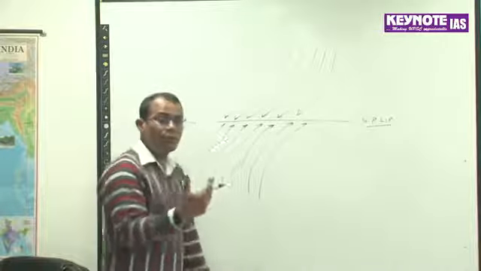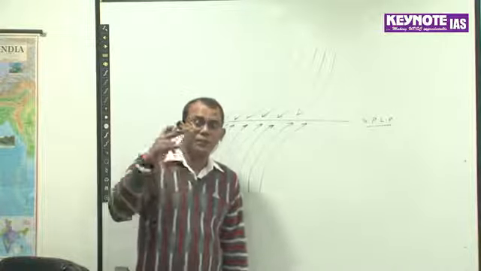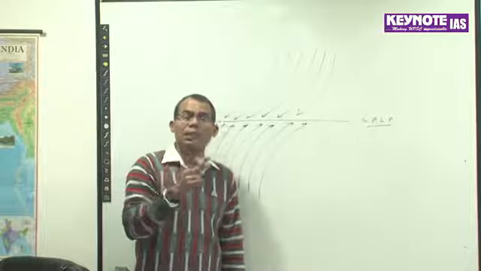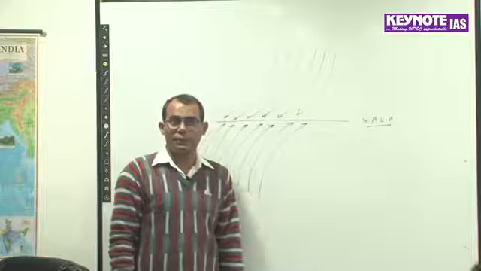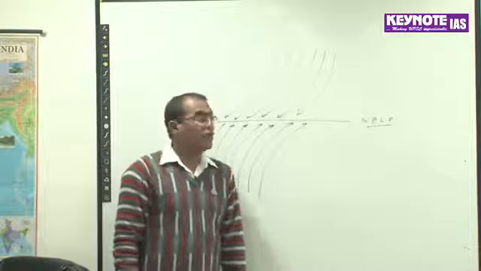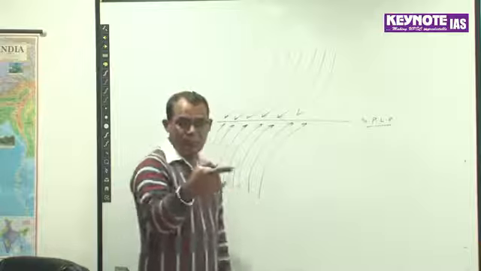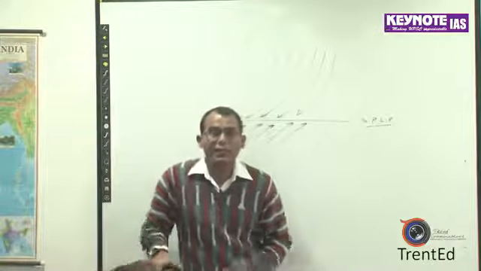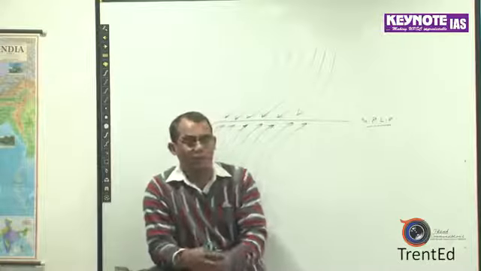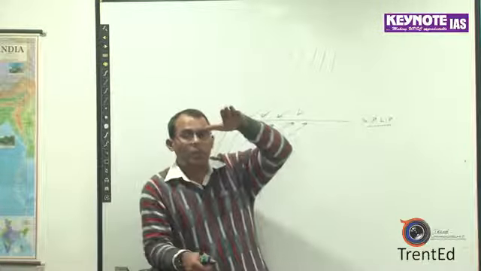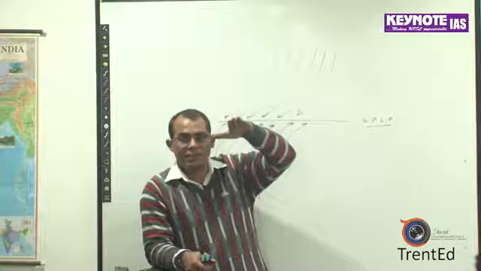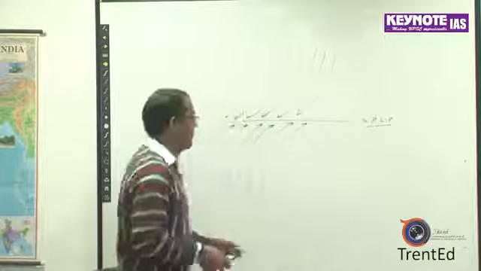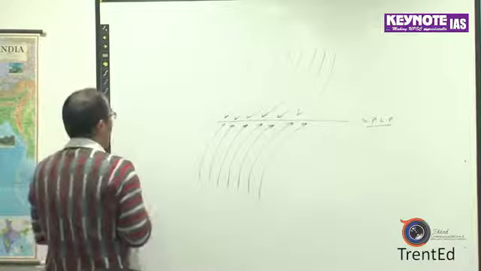Now here, when we were talking about the vertical column of air, the difference in pressure between the two vertical columns of air is equally important. As we have written in our write-ups, the rate of decrease of pressure in a warm air column will be less as compared to a cold air column. Let's look at this.